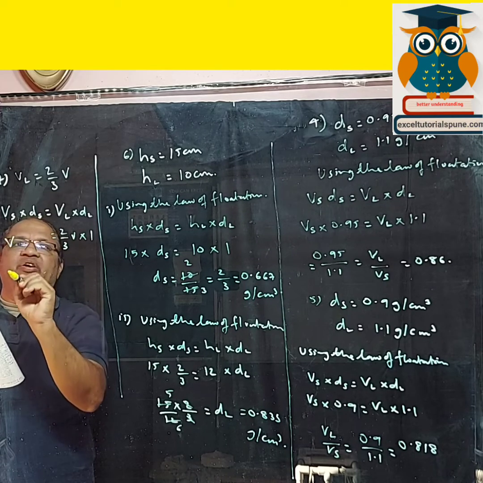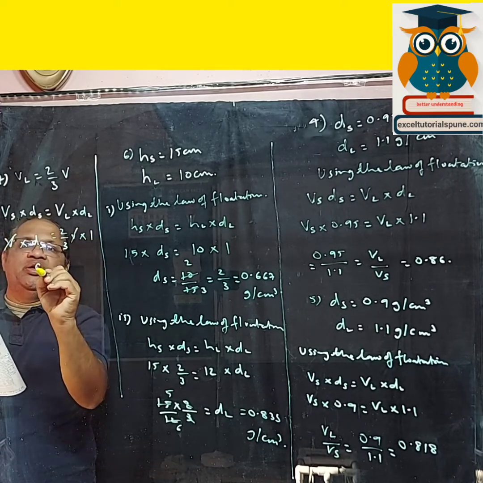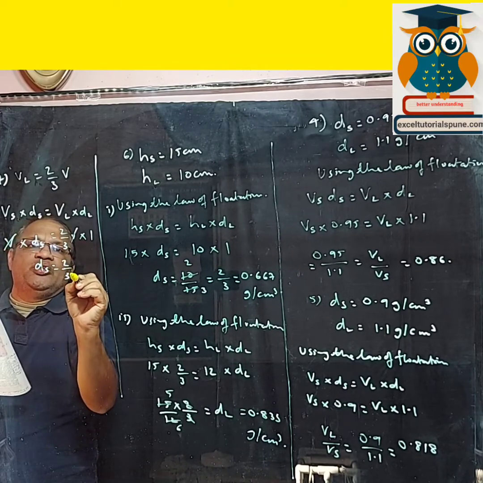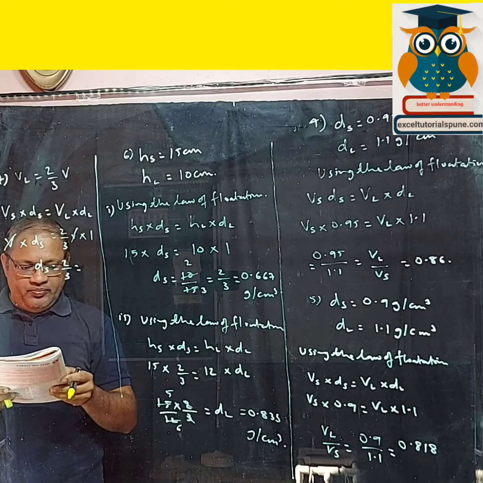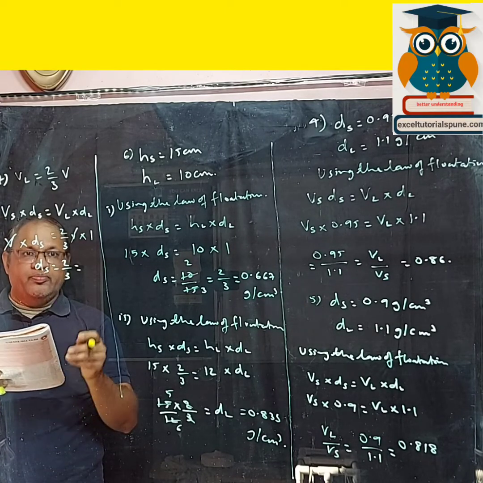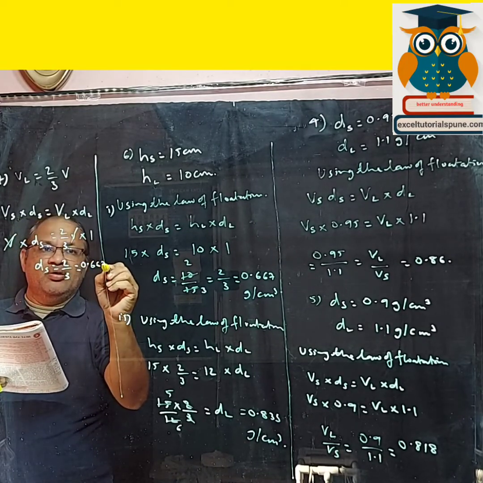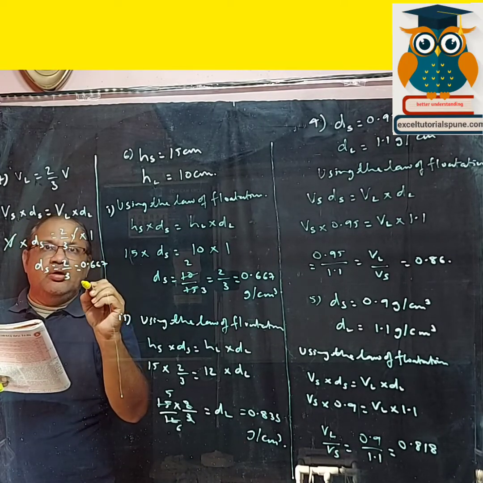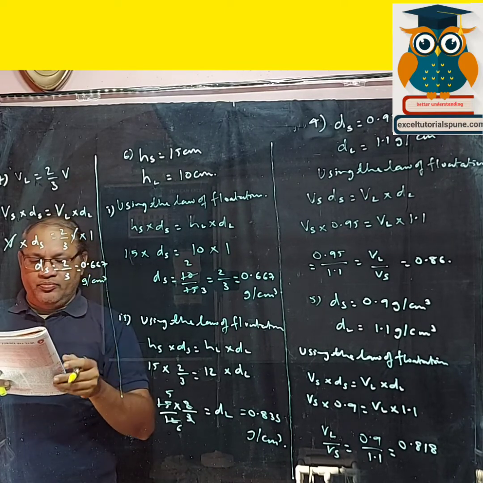Volume of solid we have taken as V into density of solid. So V gets cancelled. Density of solid is 2/3. That is 0.667 gram per centimeter cube.